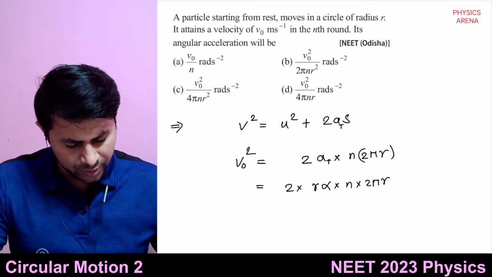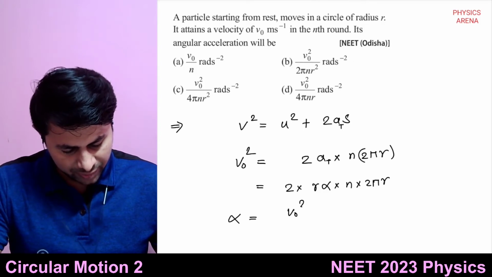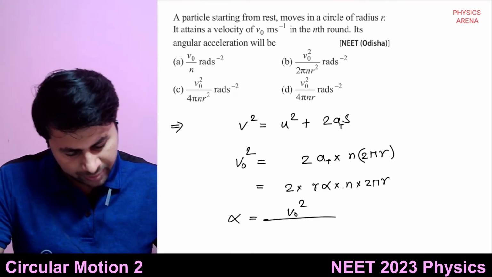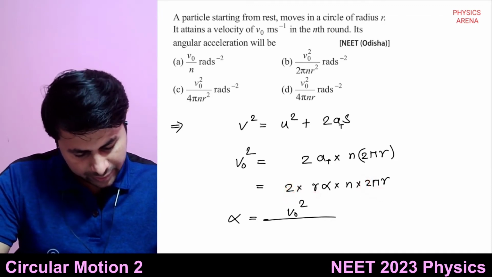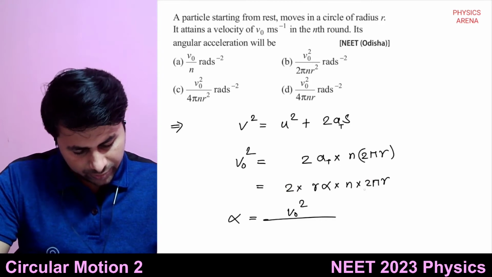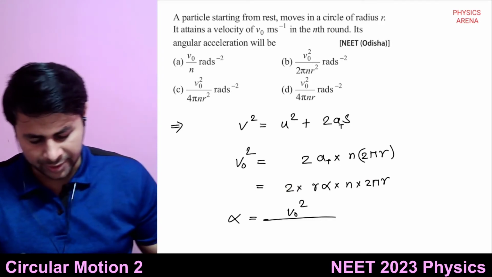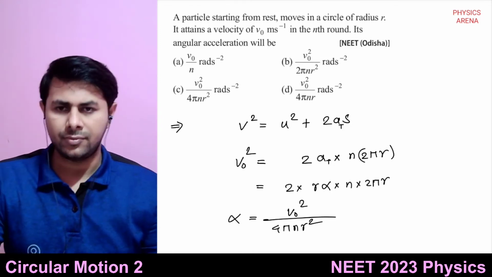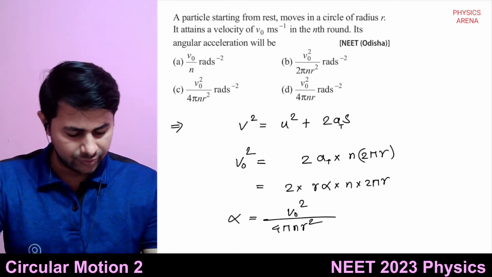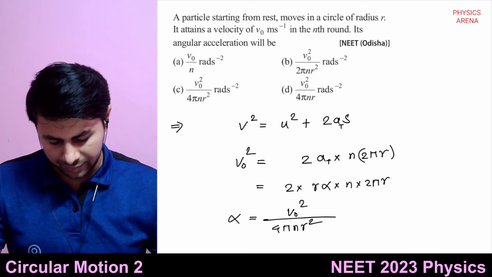So you get alpha equals v naught square divided by 4 pi n r square. Option C is the answer.